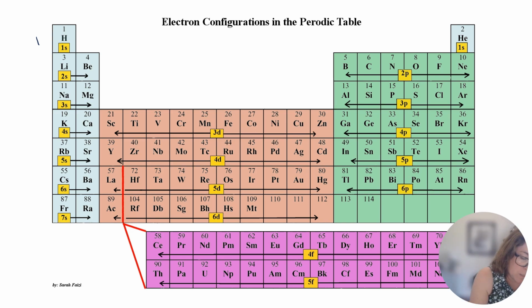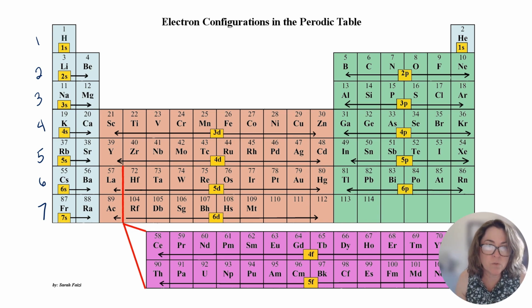So 1, 2, 3, 4, 5, 6, 7. Everything in the first period, those electrons are going to exist in that first energy level. Everything in the second period, those outer electrons are going to exist in the second energy level.